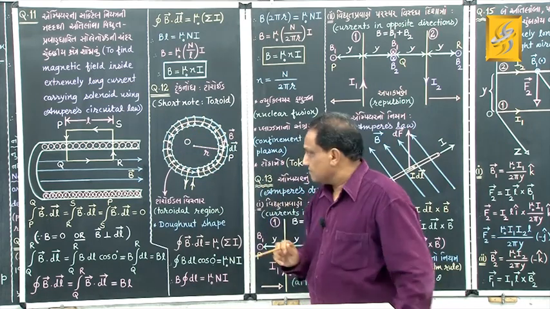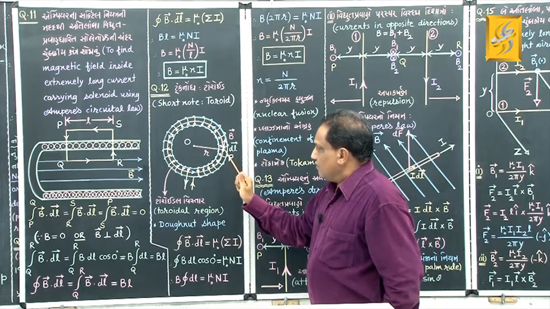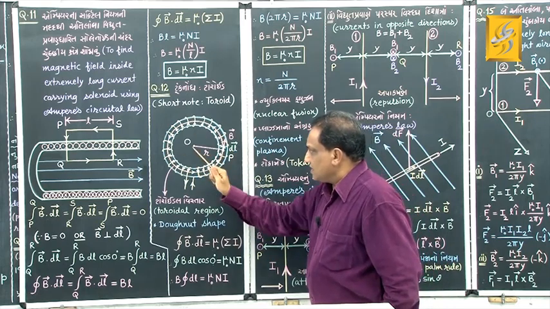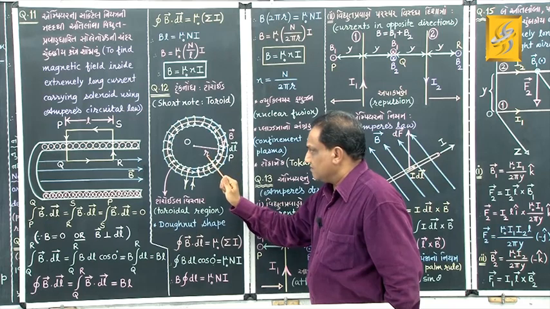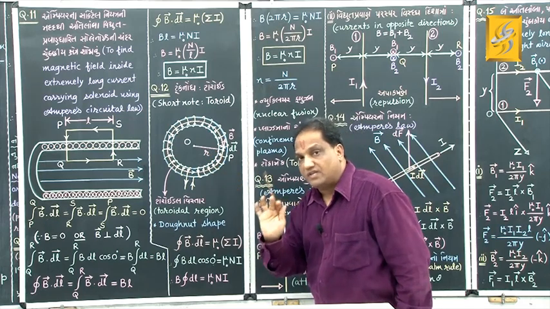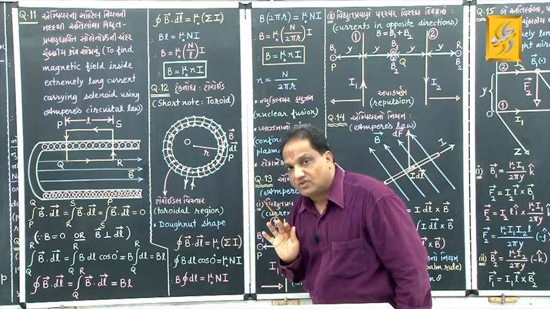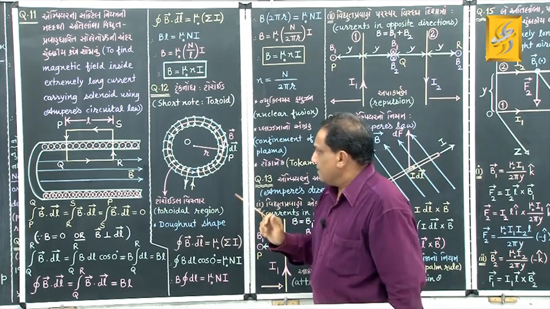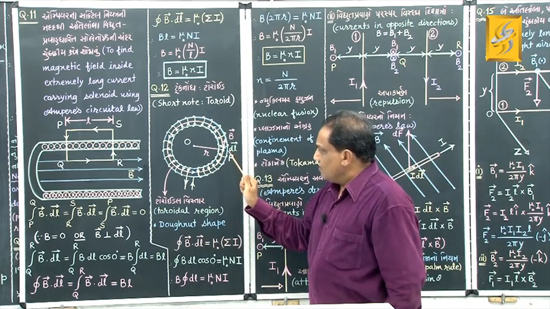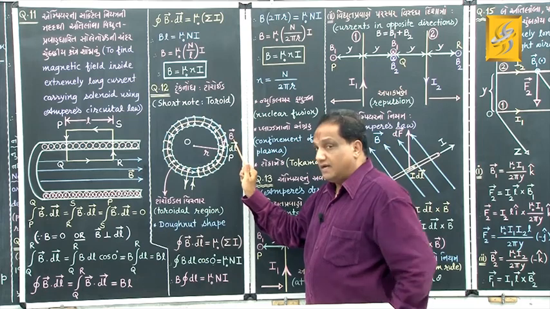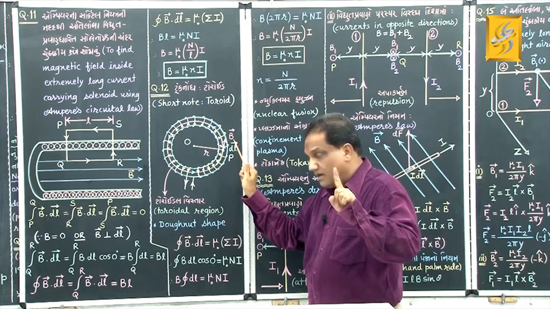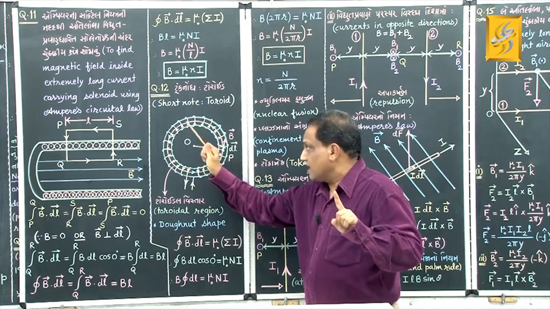Got it? Fine. Now, for that circular magnetic field line, suppose the radius is r, which is also called the average radius of a toroid. Now, we want the line integration of this magnetic field over this closed path.